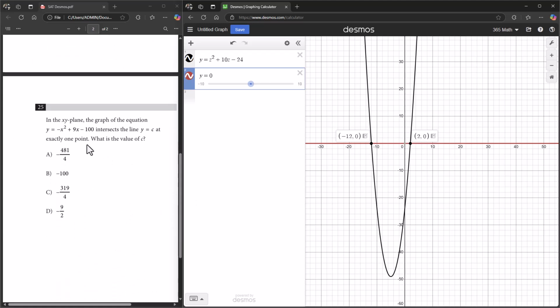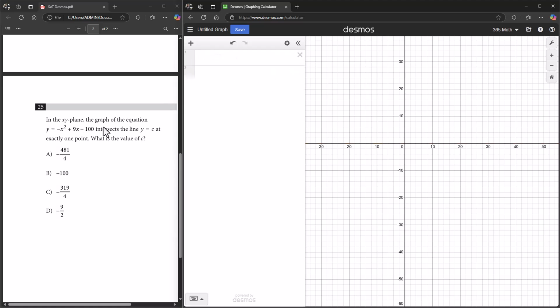And then number 25, it says in the xy plane, the graph of the equation y is equal to negative x squared plus 9x minus 100 intersects the line y equal to c at exactly one point. What is the value of c?